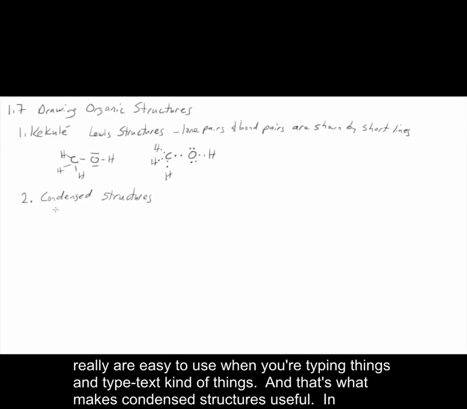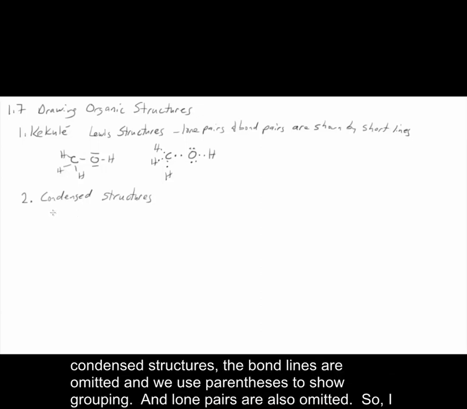There is one kind of structure that we do use from time to time. And those are called condensed structures. Condensed structures really are easy to use when you're typing things in text, and that's what makes condensed structures useful. In condensed structures, the bond lines are omitted, and we use parentheses to show grouping.